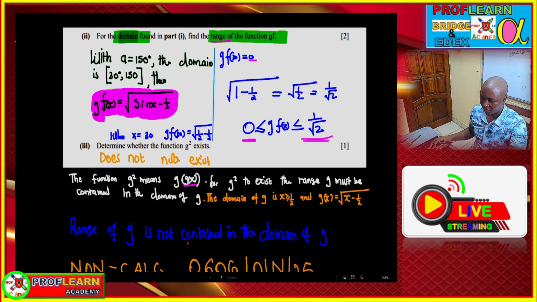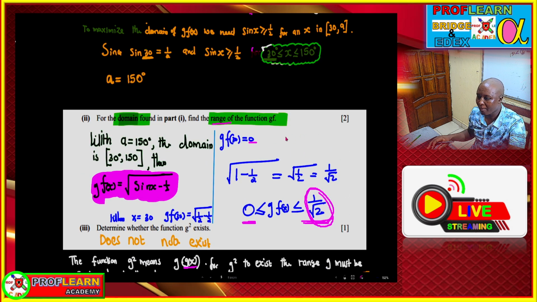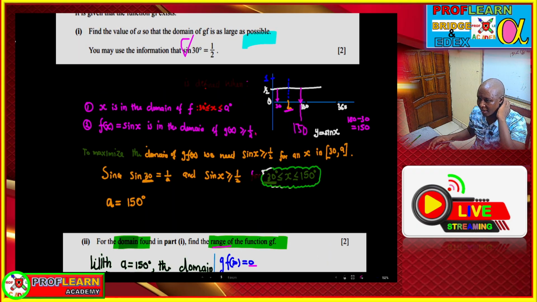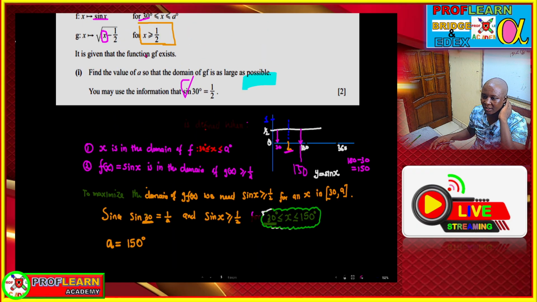The range of g is not contained in the domain of g, because from here you can see the range of g is up to 1 over root 2. That's the range of g. But the domain of g was given as x must be greater than or equal to a half.